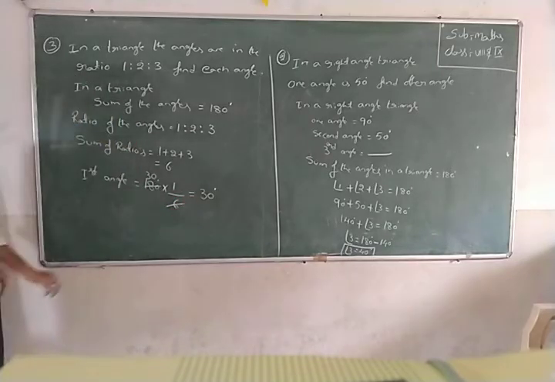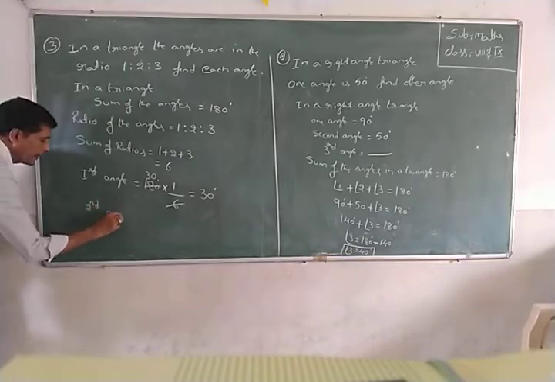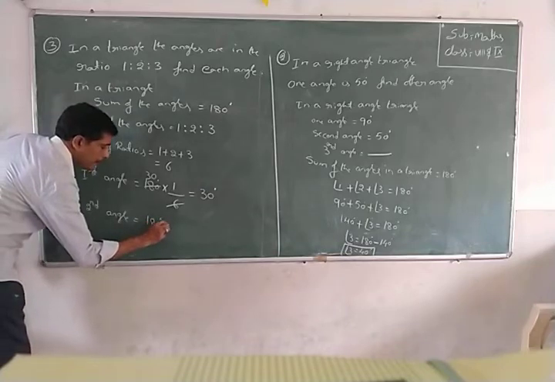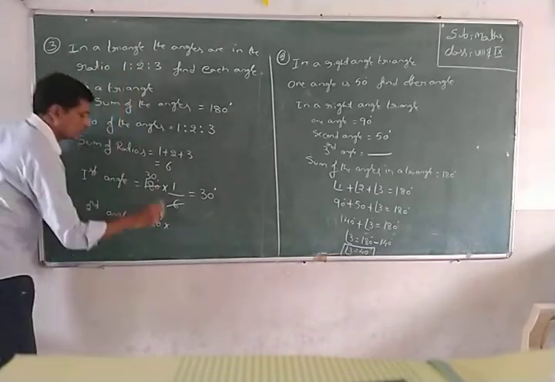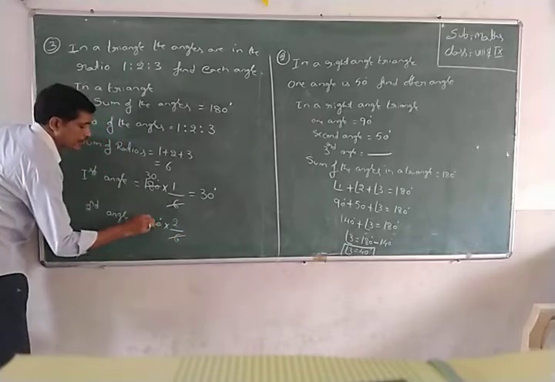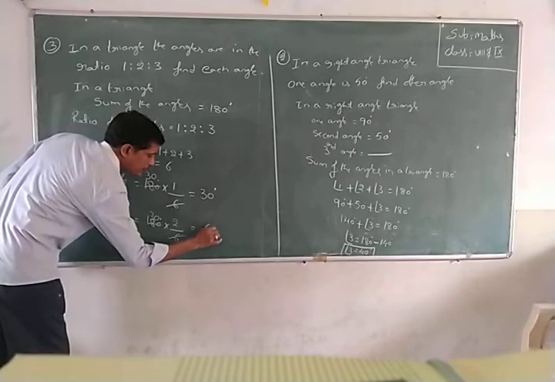Next, the second angle equals 180 degrees into the second ratio, 2/6. 30 into 2 is 60 degrees.